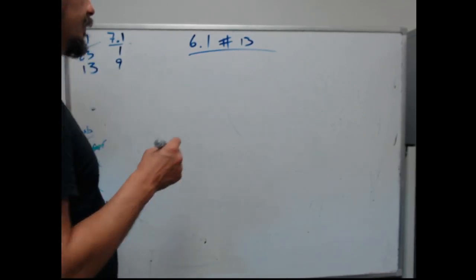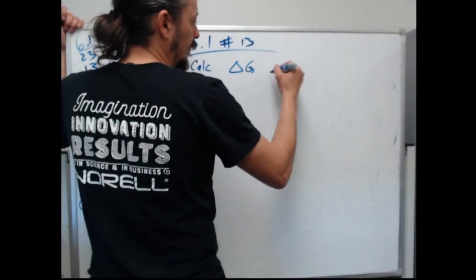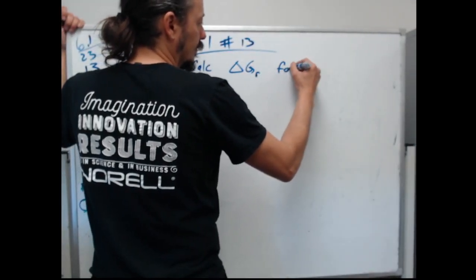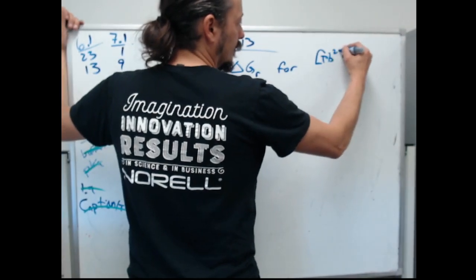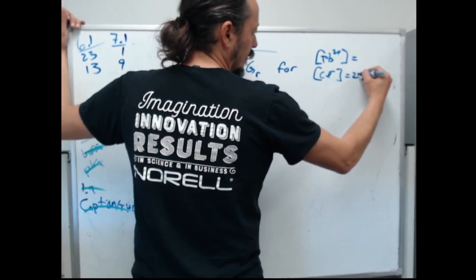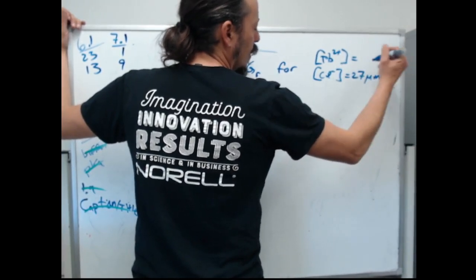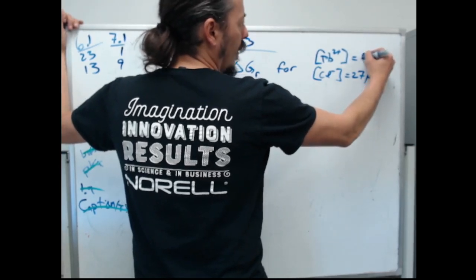Alright, so calculate the value of delta G of reaction for this reaction at 25 degrees Celsius when the concentration of lead ions is 85 micromolar and the concentration of chloride ions is 27 micromolar, given the KEQ is 1.6 times 10 to the negative 5. What was the lead concentration? 85 micromolar.